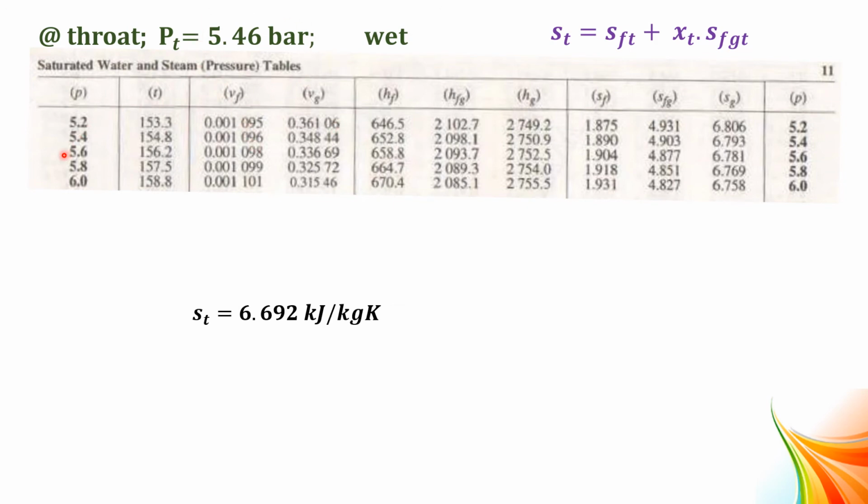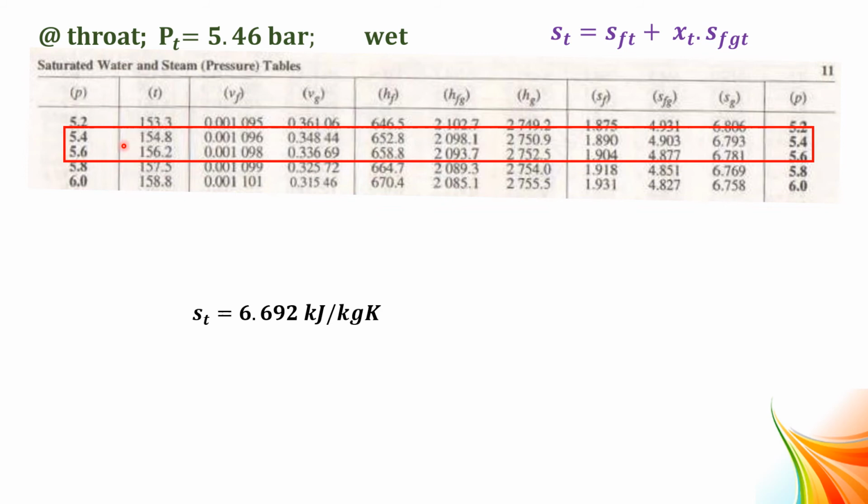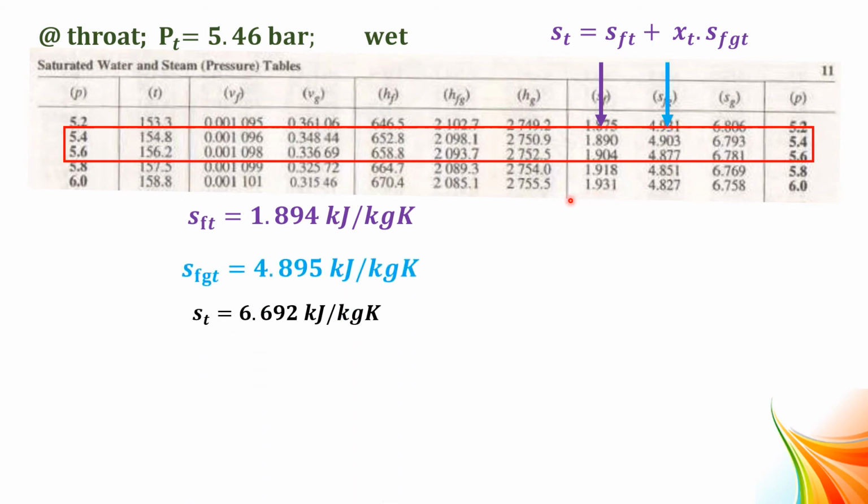Sf equals 1.894 kilojoule per kilogram Kelvin and Sfg is 4.895 kilojoule per kilogram Kelvin. By interpolation, we can get these two values.